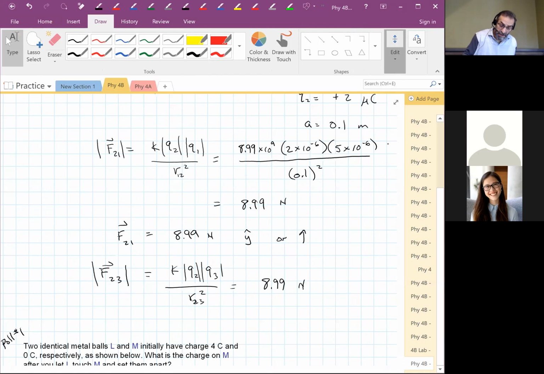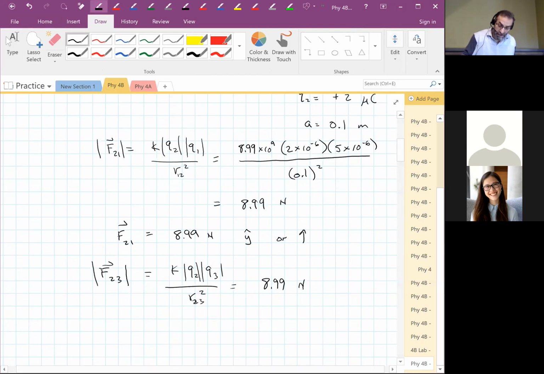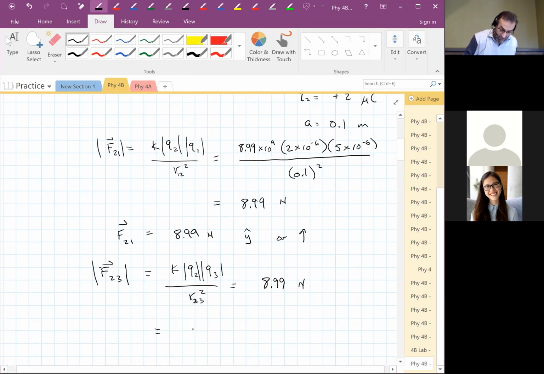And we know from the situation it's to the left, or negative. I prefer 8.99, but it won't matter too much. Newtons, and this is going to be in the minus X direction, minus X hat. Or if you want to write to the left, that's fine.